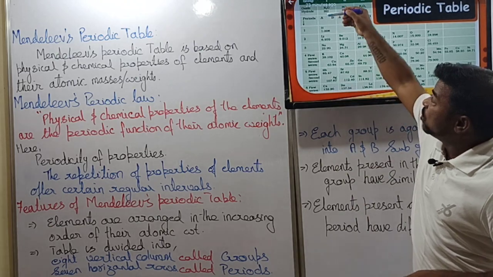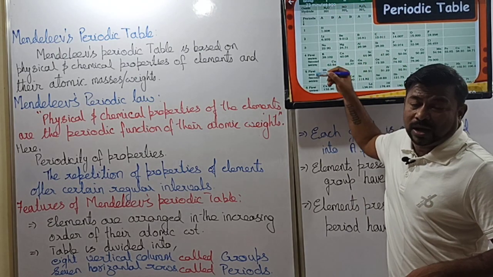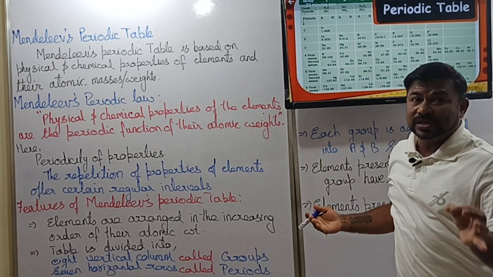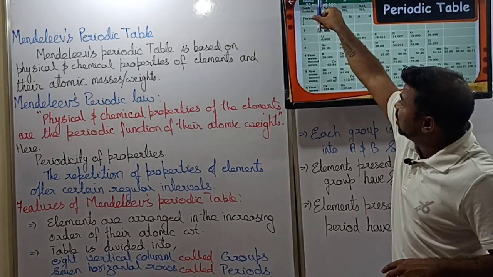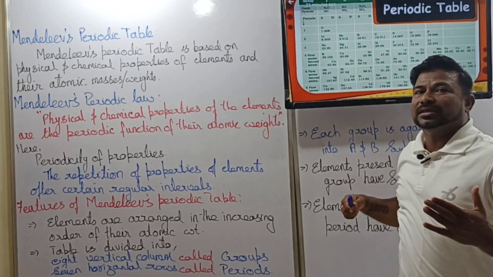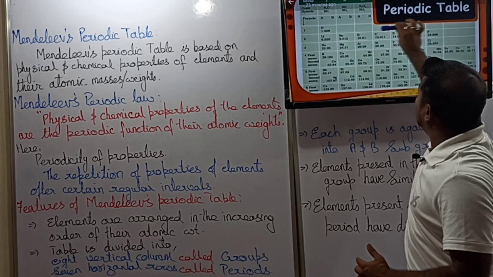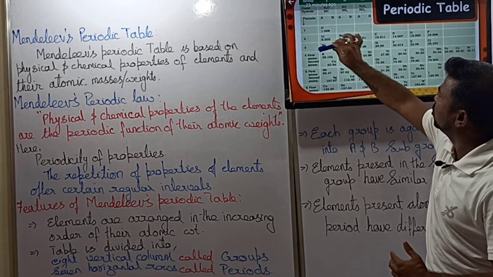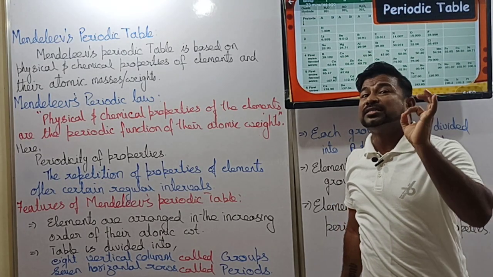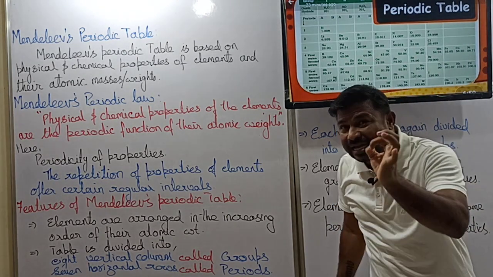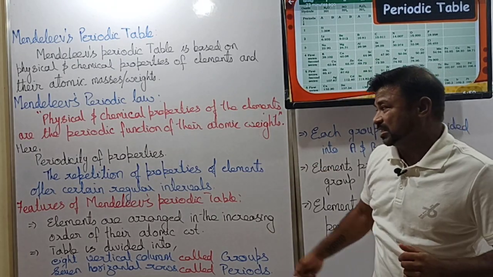The vertical columns in this table are the groups according to Mendeleev, and the horizontal rows are the periods. We have to consider that one. That's what he says.